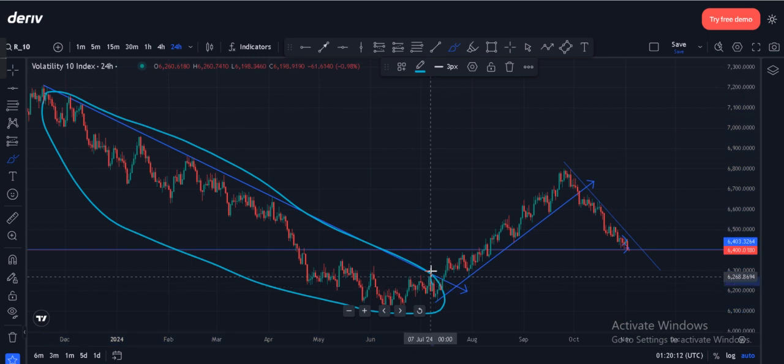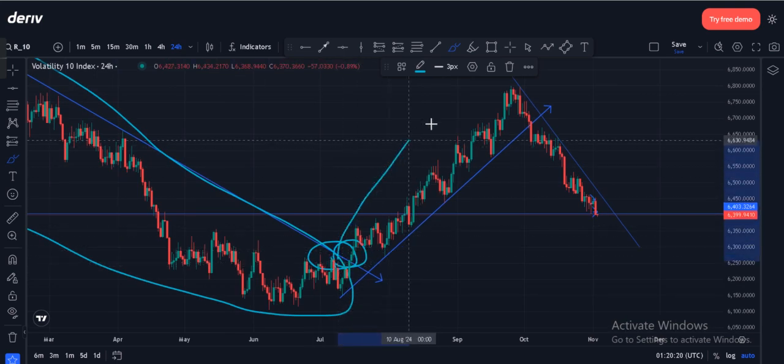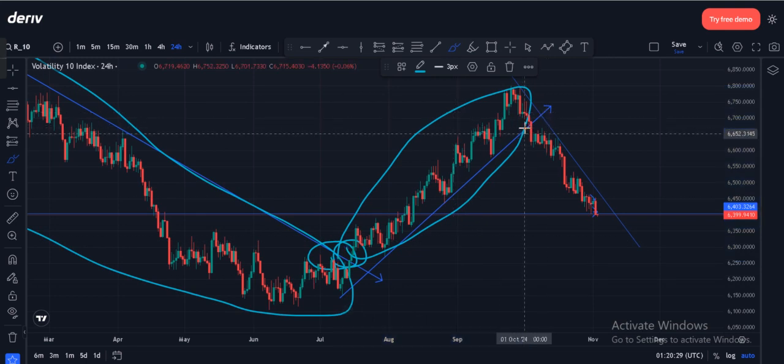Now, by virtue of this point breaking to the upside, market clearly showed us that we were on a bullish trend around the zone. Now, by virtue of this market breaking at this point also, we are currently on downtrend.